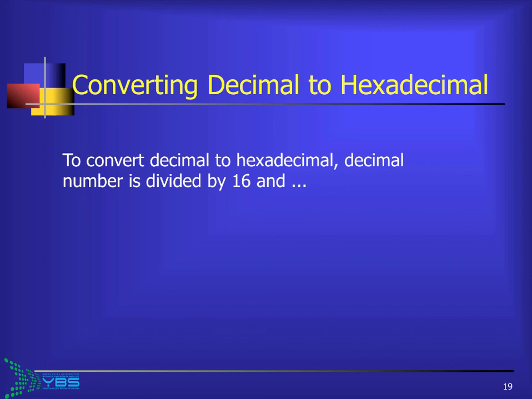If you divide any number by 16, the remainder is always between 0 and 15. Then you can write it. If it's from 0 to 9, you write down the number. Starting from 10, you say A, 11 is B, 12 is C, and so on. So that's the way you get to know how to convert decimal to hexadecimal numbers. That's all for this chapter.